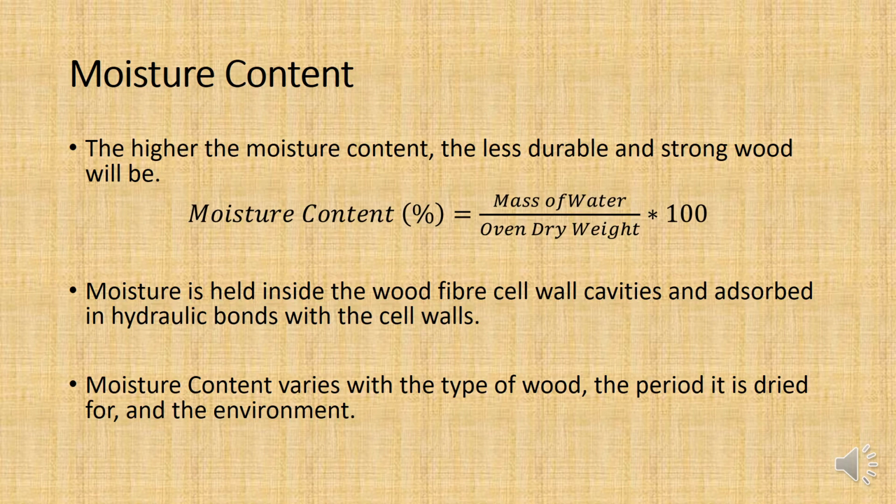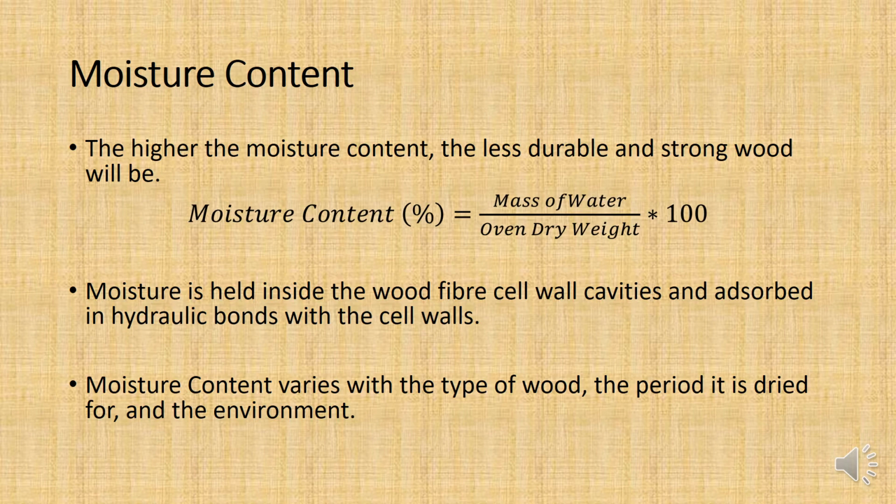Remember how I showed you the wood cells, how they were these long fibers? Basically, the moisture gets between these fibers. So what's that going to do? Well, it's actually going to reduce the friction between the fibers. And so generally, the higher the moisture content in a wood, the lower the strength.